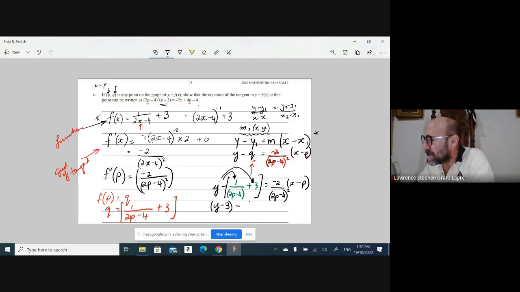Remember, minus 1 over 2p minus 4, I just adjusted this slightly, so we're looking closer to what we want.